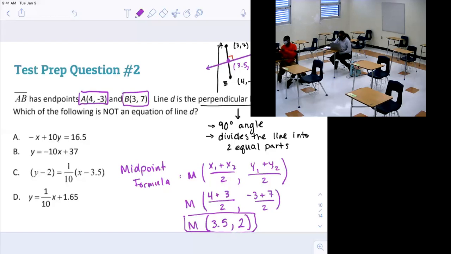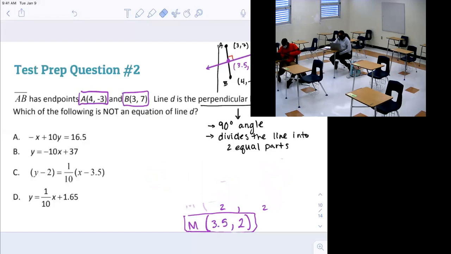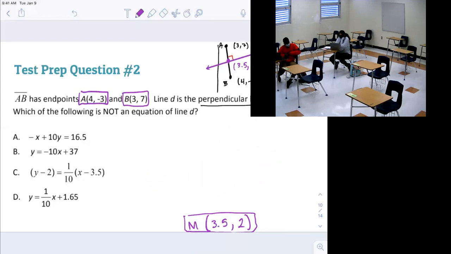No. Cool. All right, so I'm going to erase this work so I have more room, but I'm going to keep that coordinate point. So for my perpendicular bisector, so far I know that it passes through 3.5, 2.